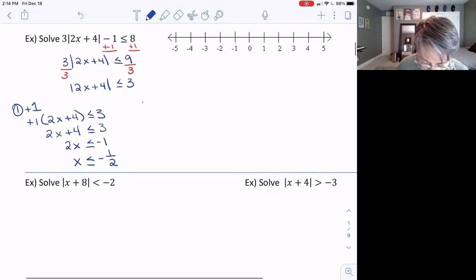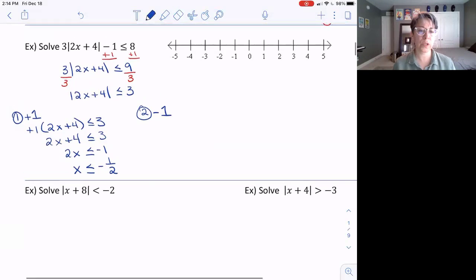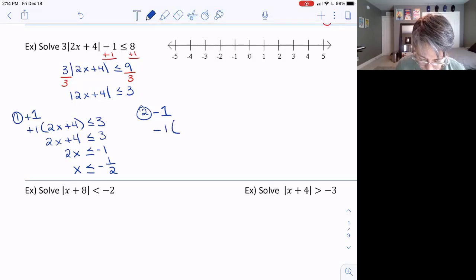Now we do the second version. Our second possibility is the inside is the negative version. So we're going to distribute a -1. -1 times the quantity of 2x plus 4 less than or equal to 3. Distribute, and we get -2x minus 4 less than or equal to 3.